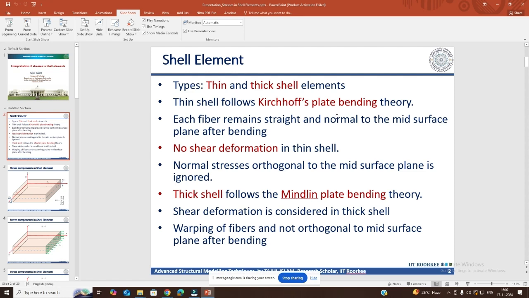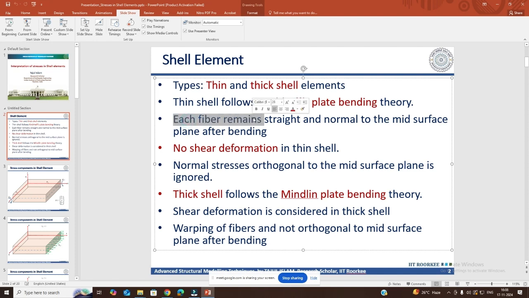Okay, so in short, this Kirchhoff theory is ignoring the shear deformation in the shell elements. So each fiber, and this is the bending theory assumption. You also have seen this in theory of bending principles when you have studied strength of materials or structural analysis. So what it says is each fiber remains straight and normal to the mid surface plane.